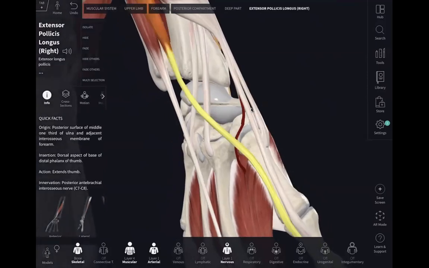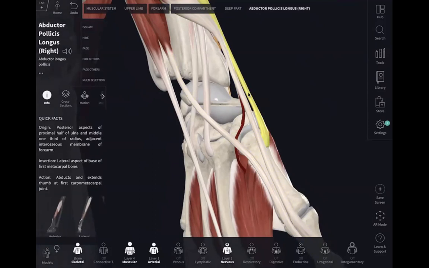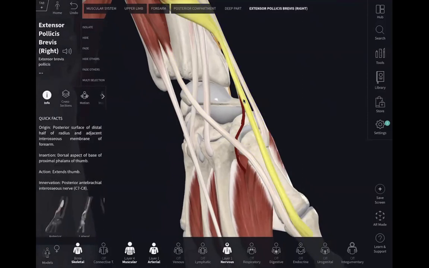And on the lateral aspect, we have two things: one is the extensor pollicis brevis, and this is the abductor pollicis longus, the APL, and this is our EPB. APL and EPB on the lateral aspect, and EPL, the extensor pollicis longus, on the medial aspect. Is it clear? Yes. Perfect.